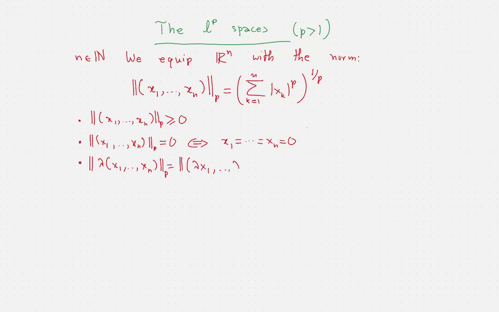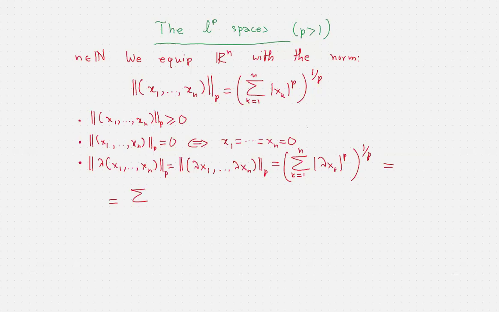And this is going to be the sum from k equals 1 to n of |lambda xk| to the pth power, all raised to the 1 over p. And of course, you can see that these powers have been arranged so that once lambda exits all of them, it's simply its absolute value.